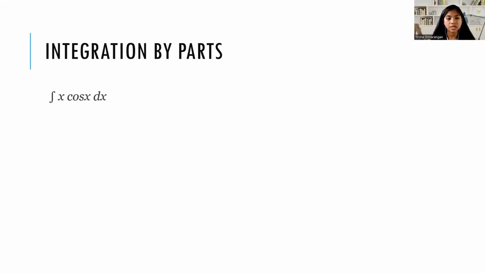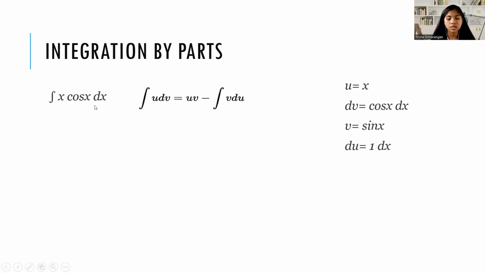We will solve the integral of x cosine x dx. Again, using our formula, we need to identify the values of our variables. Let u be x, and its derivative is simply 1 dx, and then our dv is cosine x dx, and its integral is sine x.